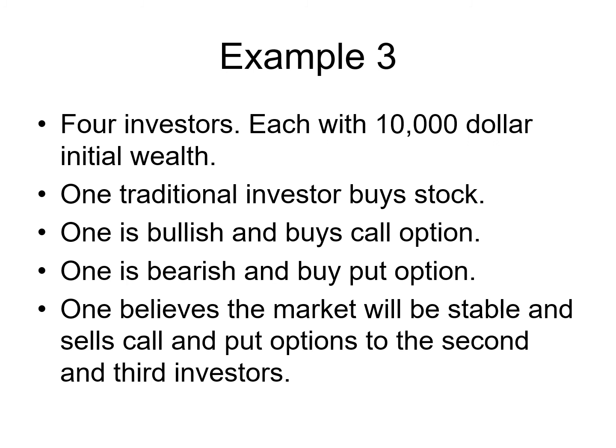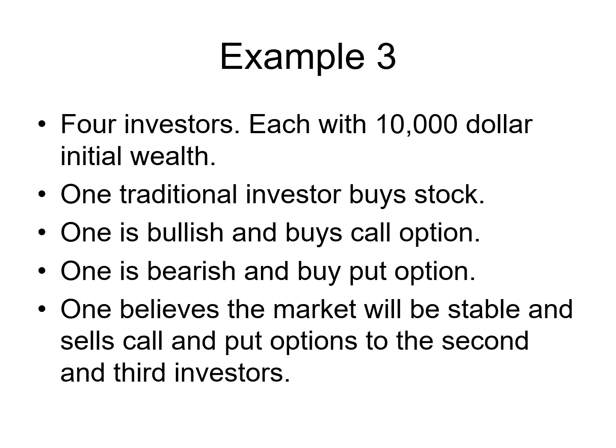Suppose there are 4 investors, each with $10,000 initial wealth. One investor is a traditional investor. He used $10,000 to buy stocks. One is bullish about the market and buys call options on the stock.